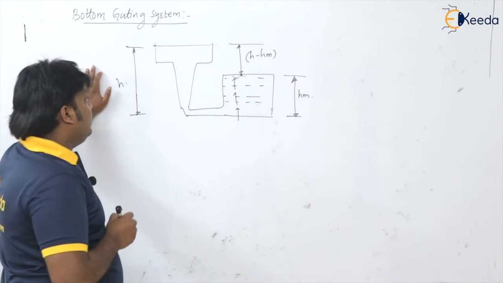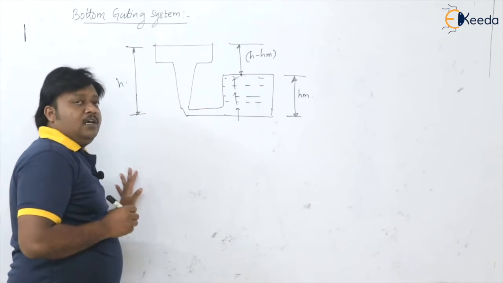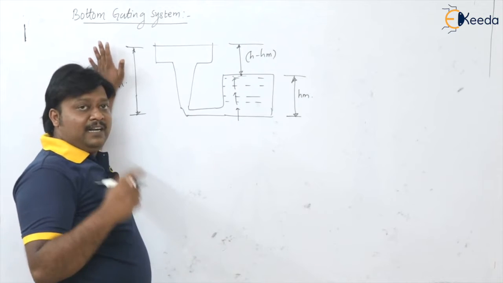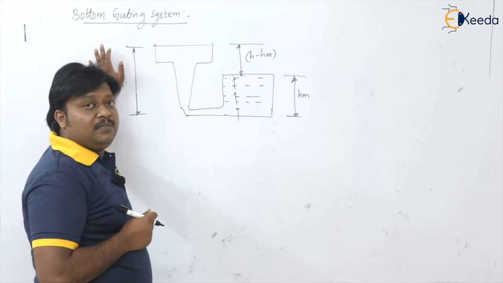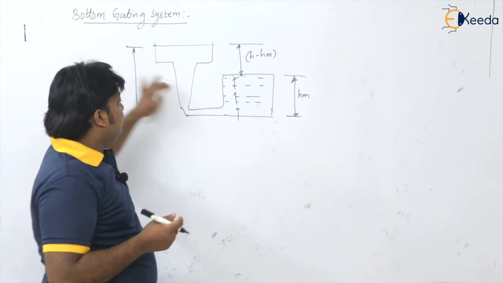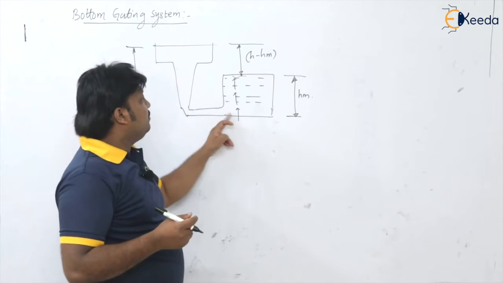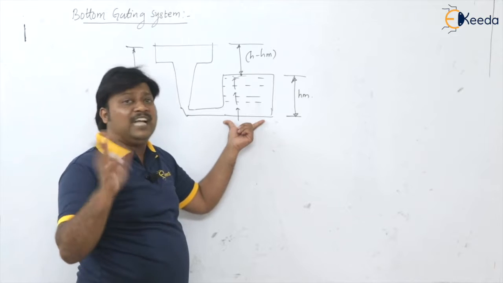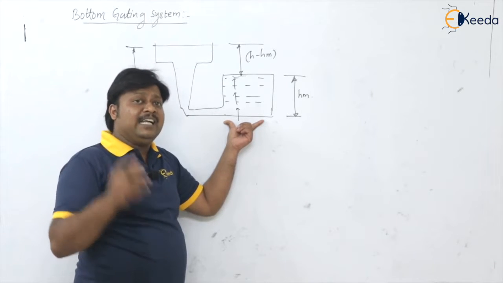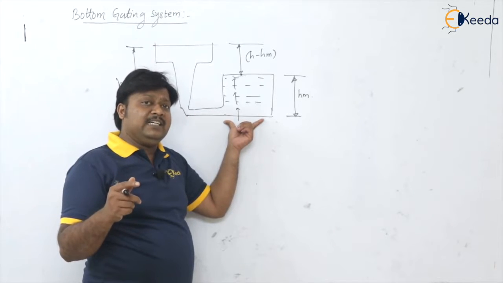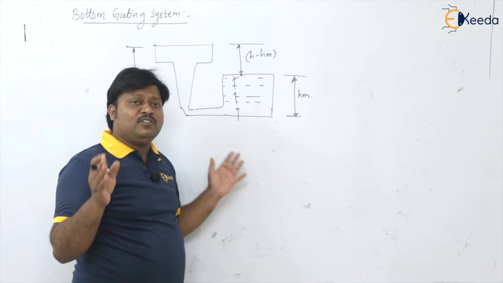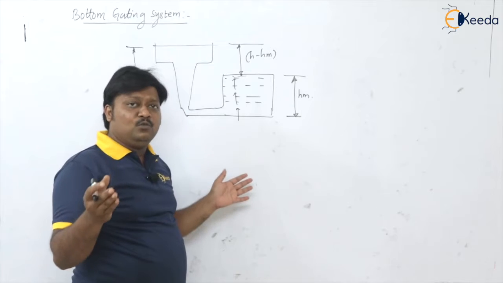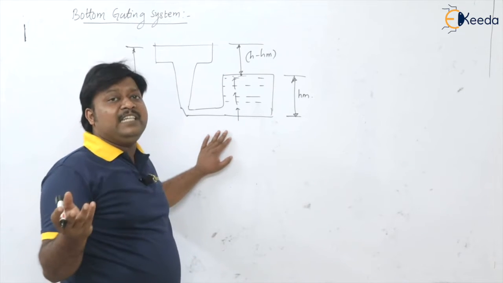Okay, so in this case, the basic advantage is that sand erosion definitely comes down because there is no direct impact of the molten metal onto the mold surface. So the sand erosion is totally absent. And one more thing here: the loose sand molds, where the ramming forces used are less, can be filled very easily.